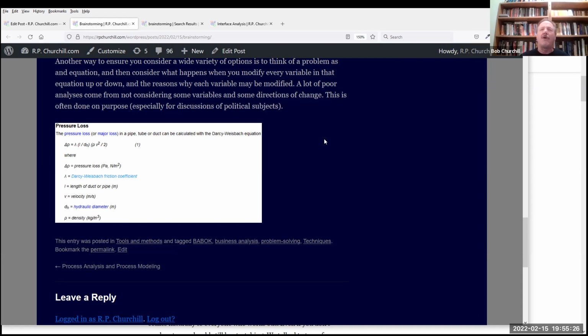Here we're talking about the right side of the equal sign, with the left side being the result. There are many reasons potentially that every variable on the right side might change to grow larger or to grow smaller. And there's the whole concept of opportunity cost in economics and politics, especially.